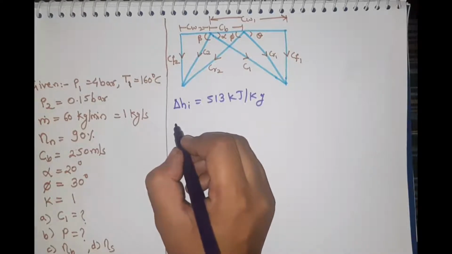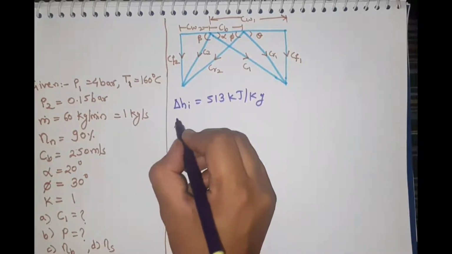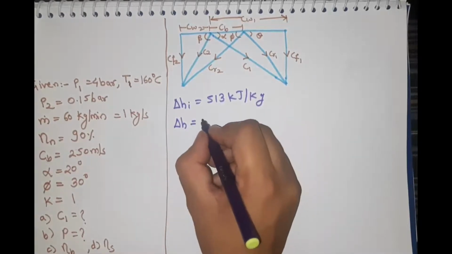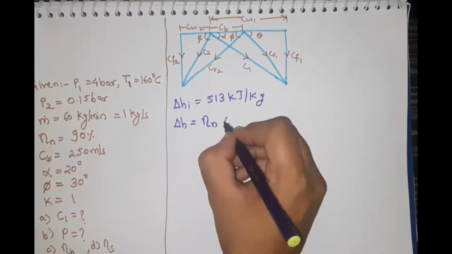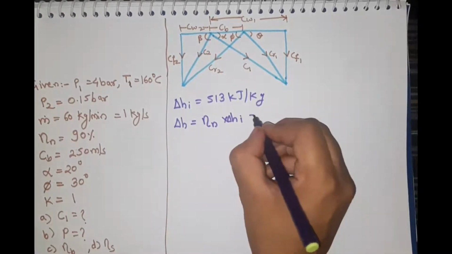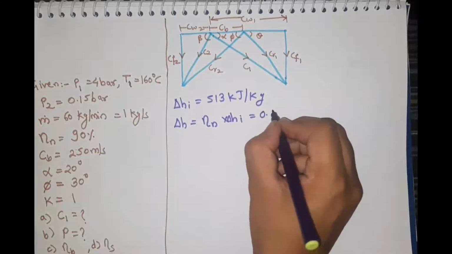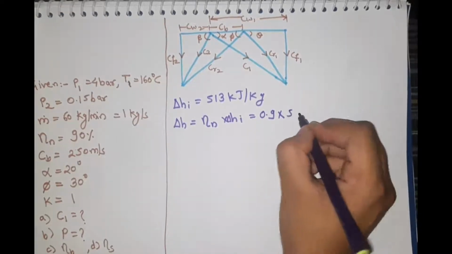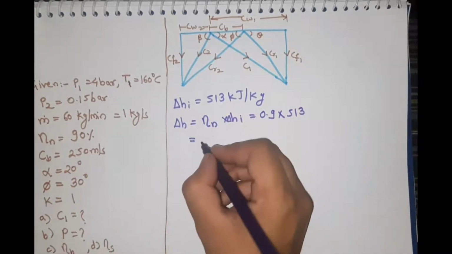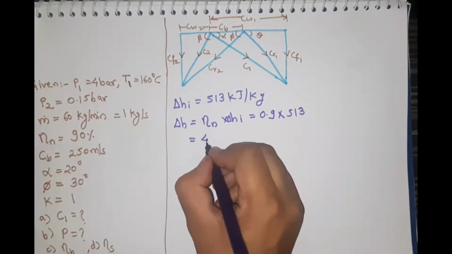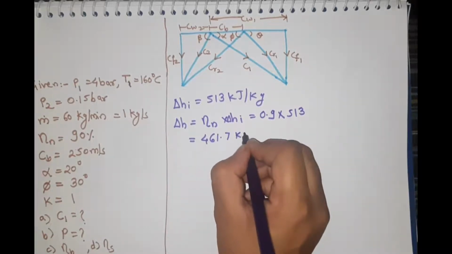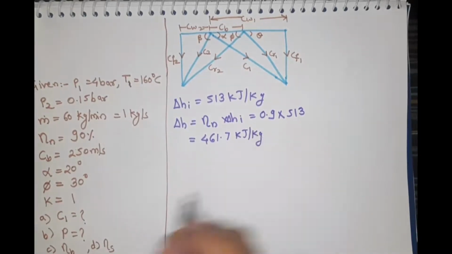So for actual enthalpy drop, it will be equal to nozzle efficiency into isentropic heat drop. Nozzle efficiency is 90%, so 0.9 into 513, and we will get the actual enthalpy drop as 461.7 kilojoule per kg.